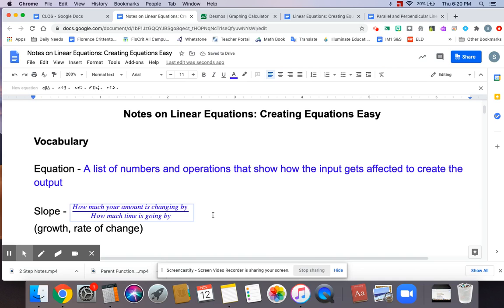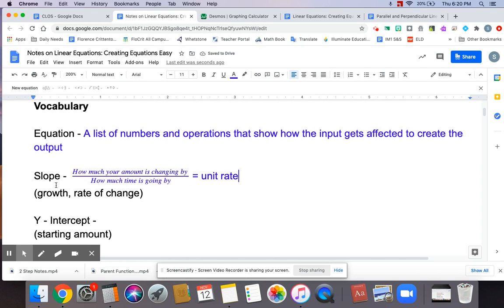So that ends up turning into your unit rates when you divide it. Another word for this is your growth, because if it's positive, then you're getting stuff. However, if your slope is negative, then you're losing things. It's also called your rate of change, because it is how fast you are changing. So the bottom tells you how fast, and the top tells you what you're changing by.